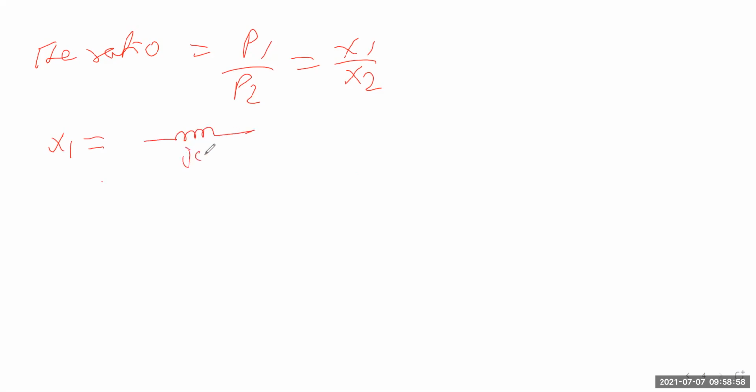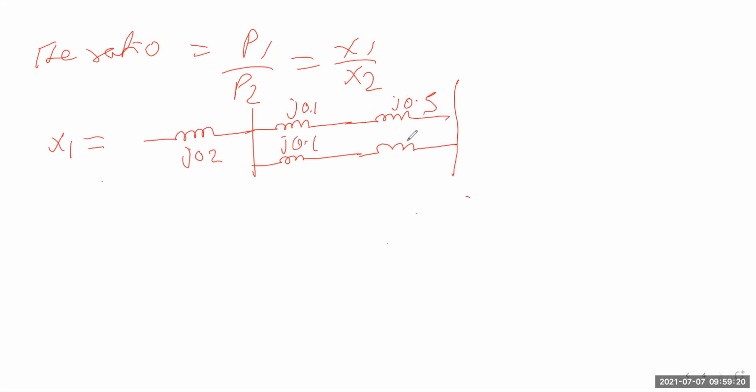Let's see what data is given. This is given 0.2. Then we have one transformer, and then there is a line. So J 0.1, J 0.1, J 0.5, J 0.5.